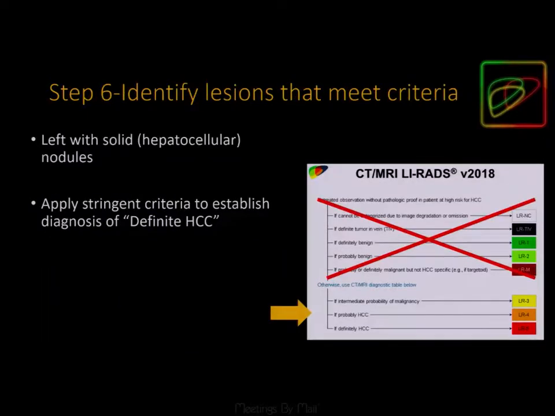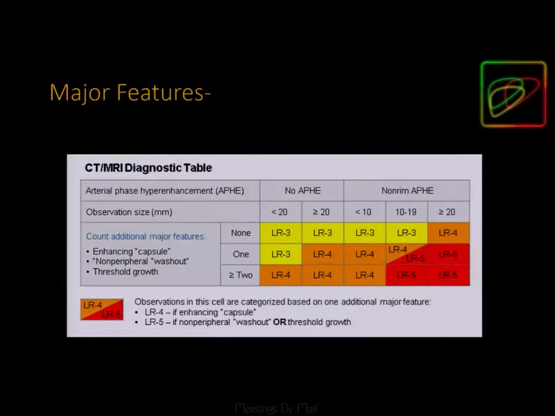So where does that leave us? That basically takes us down past the first half of the algorithm, and we should be left at this point with solid hepatocellular nodules. To those, we're going to apply stringent criteria to come up with the diagnosis of HCC. And that takes us to this diagnostic table. The diagnostic table may look at first glance a little complex, but it's relatively easy if you just follow the rules. We've got the major features over here.